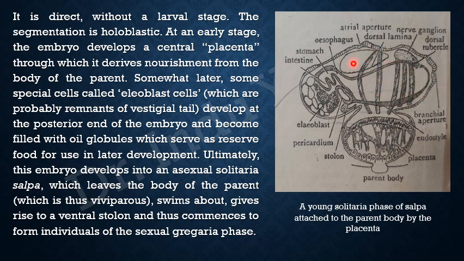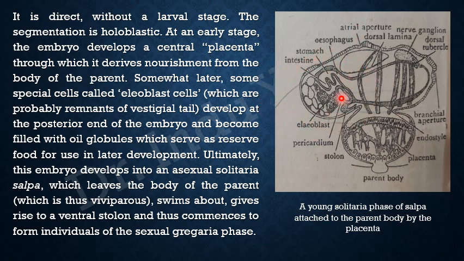This is the atrial cavity, and here you can see the dorsal lamina, the dorsal tubercle, nerve ganglion, and this is the atrial aperture.